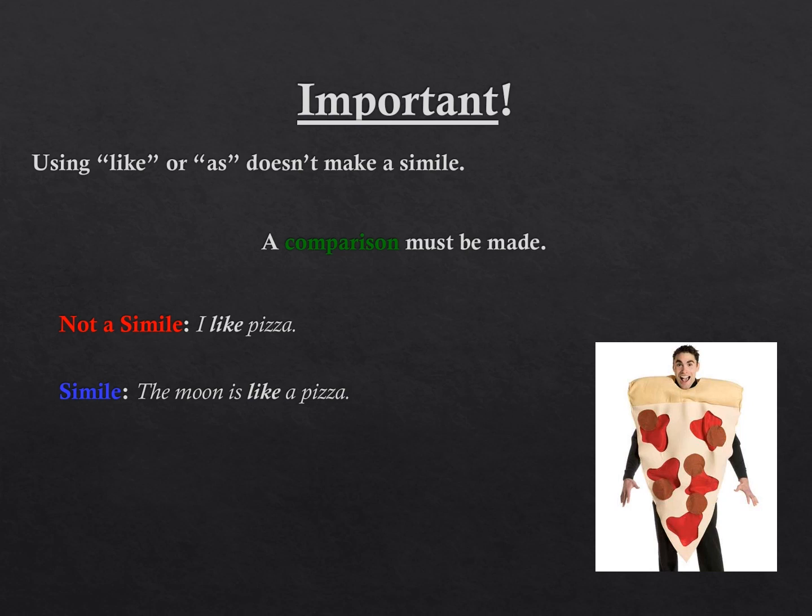The second example is a simile, while the first example is not a simile. Again, the presence of the expressions like and as does not always make a statement a figure of speech. You need to see if there is a comparison being made.